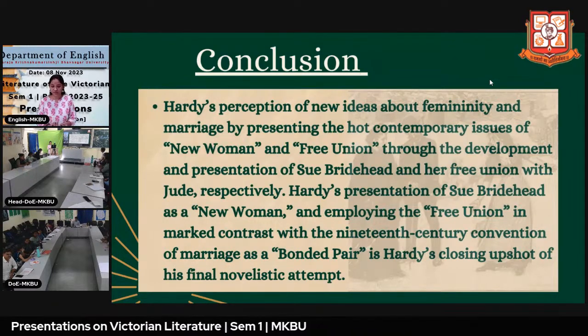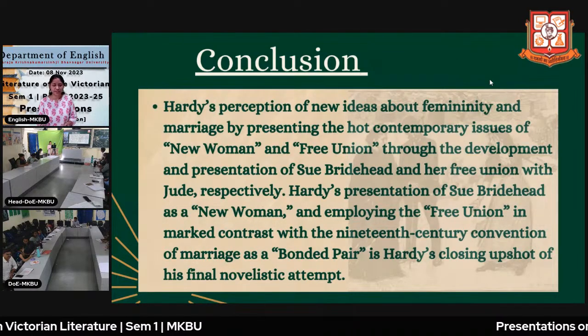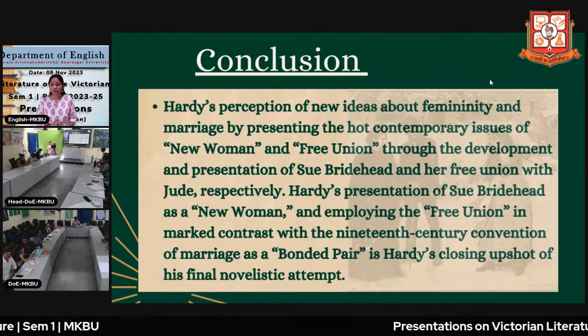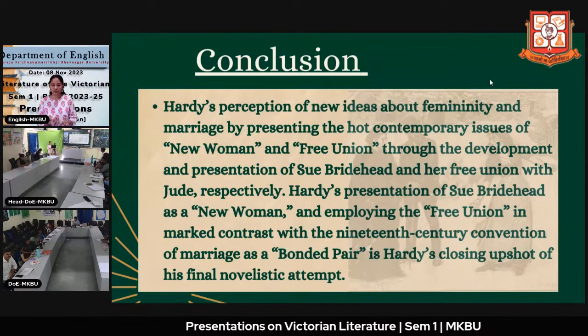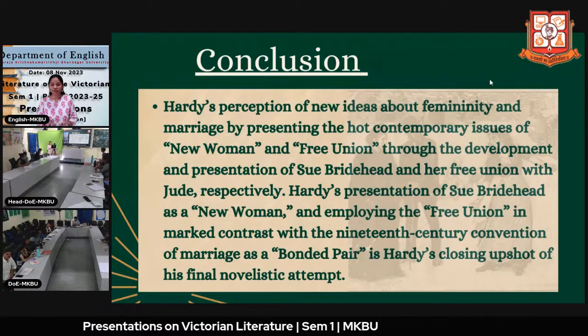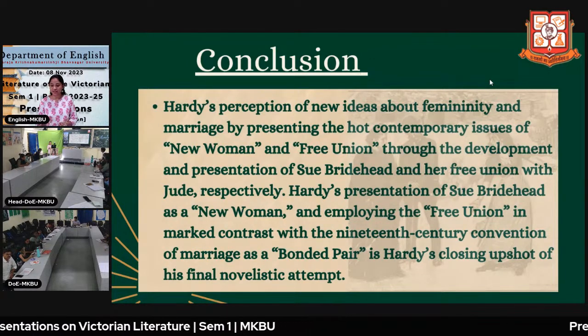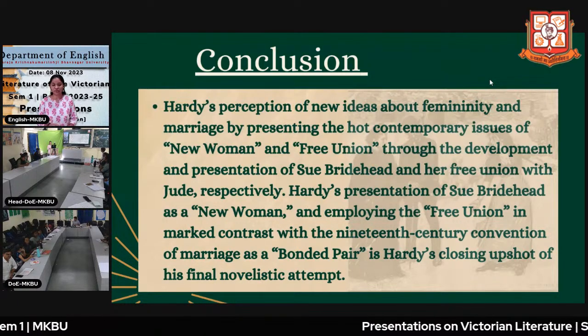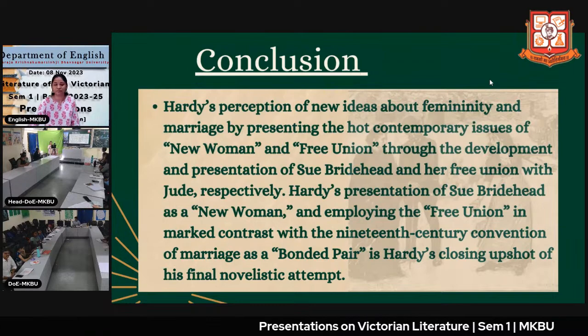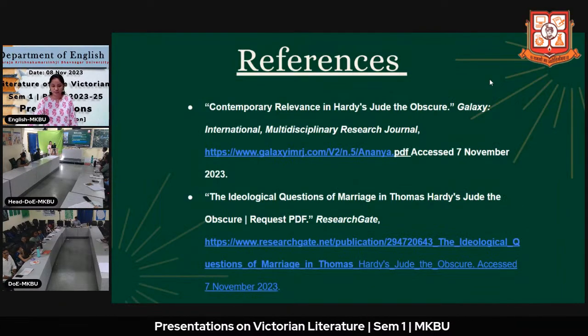Hardy's presentation of Sue Bridehead as a new woman and his employing of the free union is in marked contrast with the 19th century convention of marriage as a bonded pair, and is Hardy's closing upshot of his final novelistic attempt. Yes, these are my references.